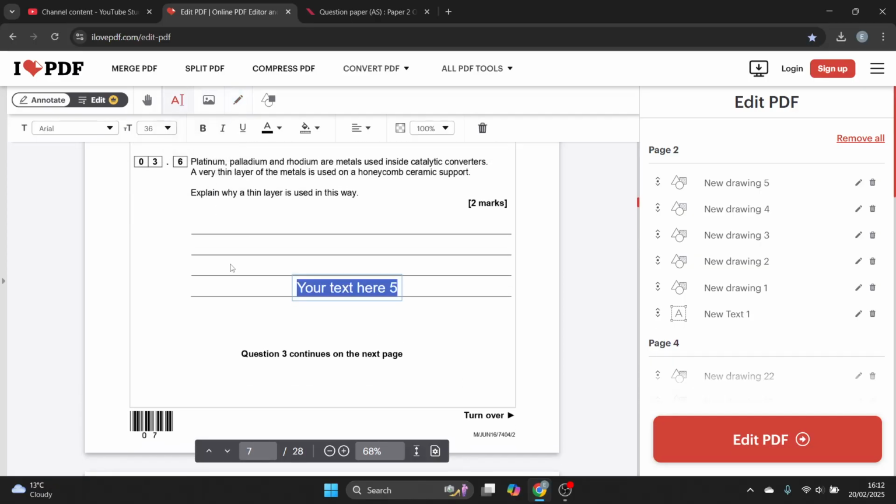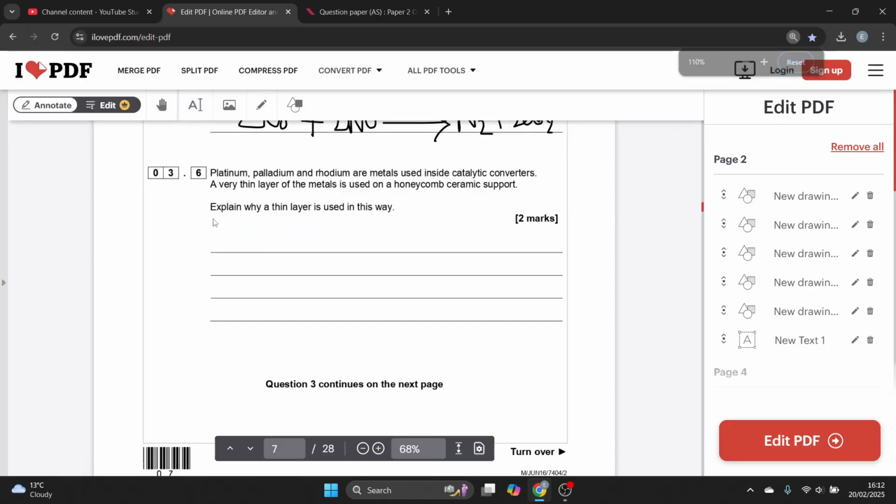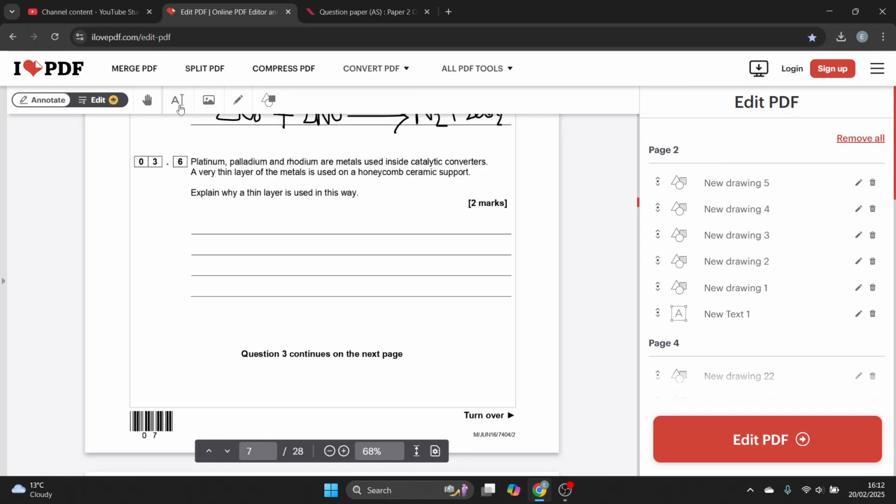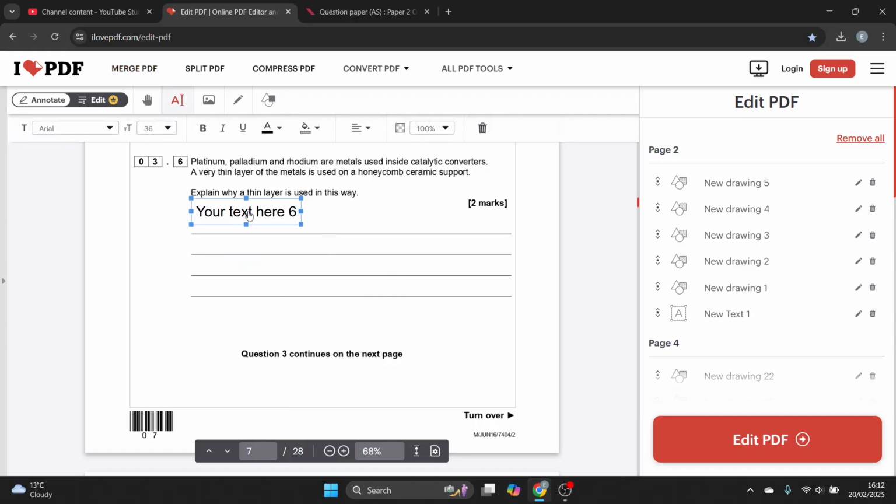Explain why a thin layer is used in this way. The idea is to reduce the amount of metal needed and increase the surface area.